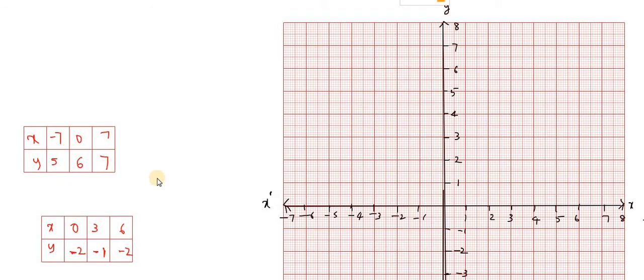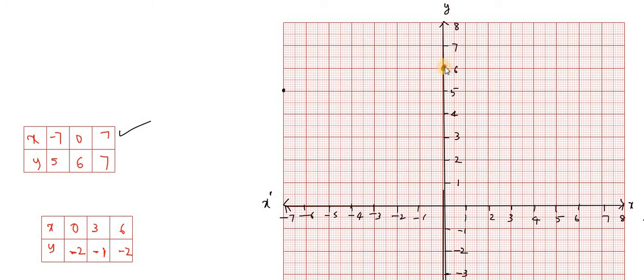So the first point: x-axis minus 7, y-axis plus 5. Here minus 7 is here, and plus 5 is somewhere here, so locate it here. Next, 0 comma 6, so here 0 and here 6.